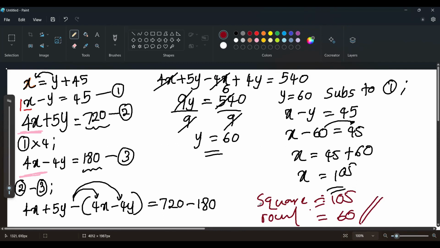Finally, you have to show the answer like that, the round tables and the square tables. You can find how many round tables and how many square tables there are.